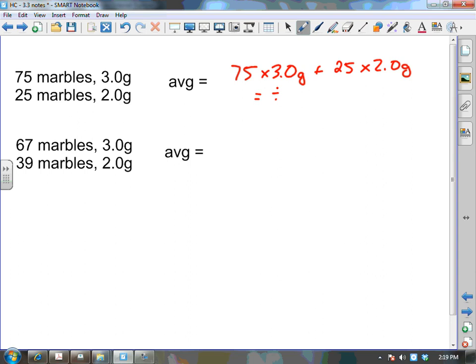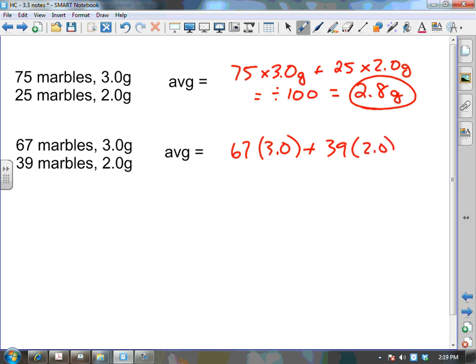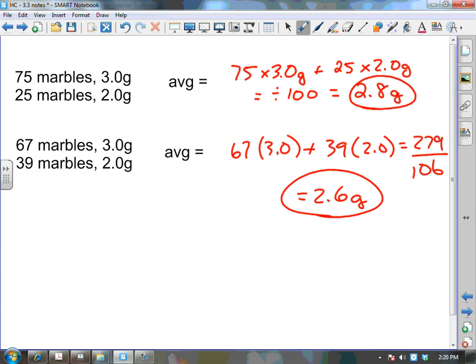We divide by 100 and get an average of 2.8 grams, rounded to significant figures because of the 2 digits. For the other one, you would have done 67 times 3.0 plus 39 times 2.0. That equaled 279. You divide by 106 because that's how many objects there were, and our average now is 2.6 grams.